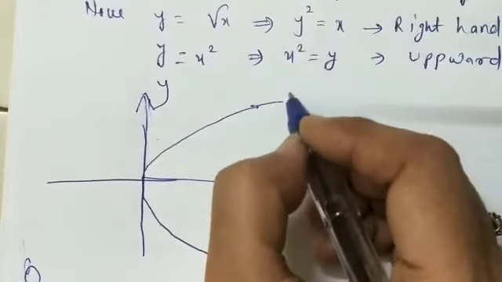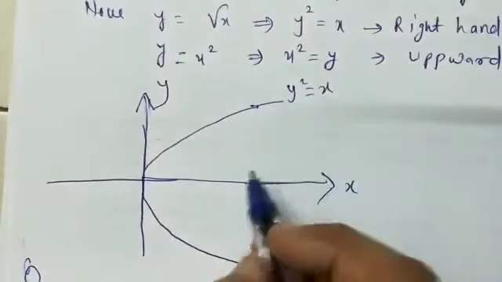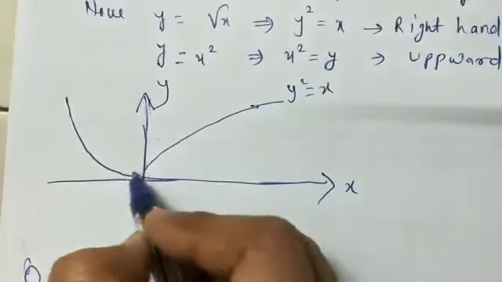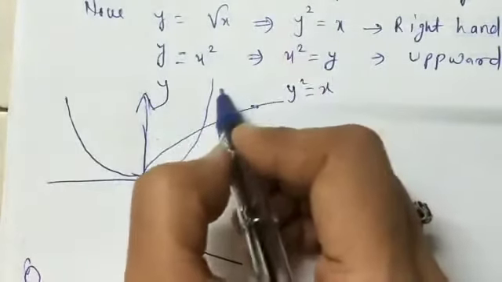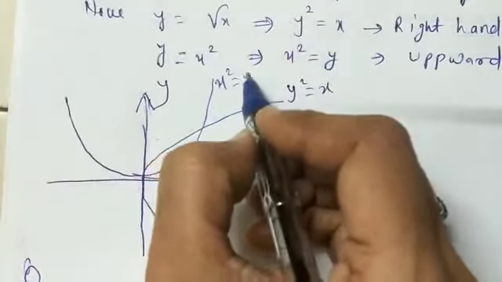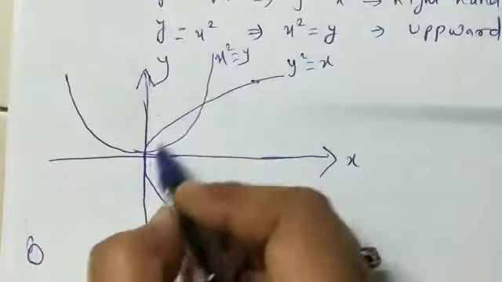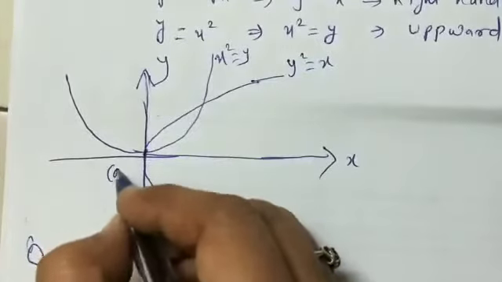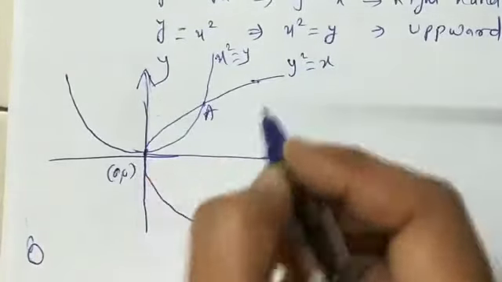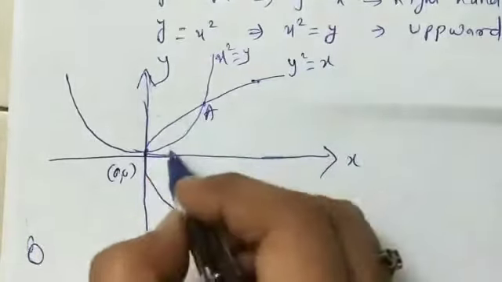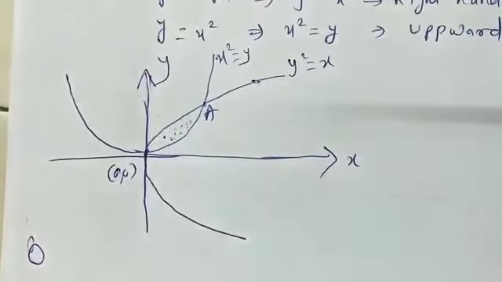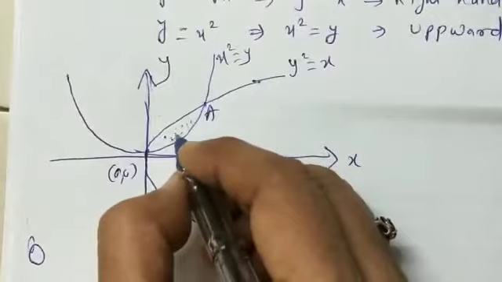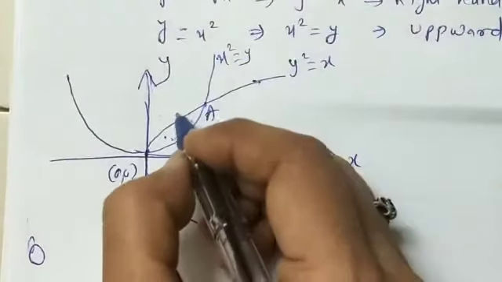The right hand side parabola is y² = x and the upward parabola will look like this, correct? Name it. It is x² = y. So this is the region, students, bounded by these two parabolas. This is your origin 0, 0. Name this point as A. And this is your region bounded by the parabolas. Now let us say that this is C1 and this is C2.